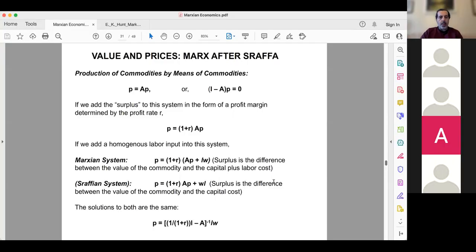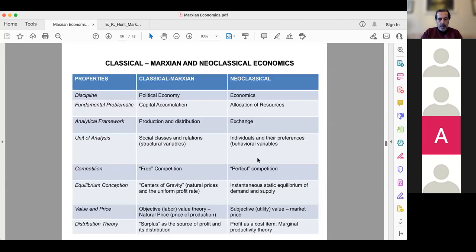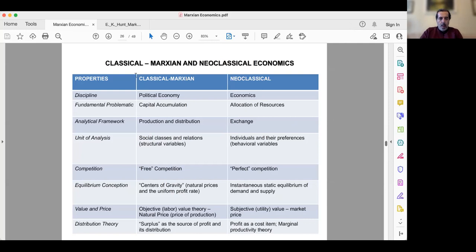Last time we talked about the general analytical framework of the classical school of thought or classical political economy in general. And we said that classical and also Marxian political economy is about production and distribution.